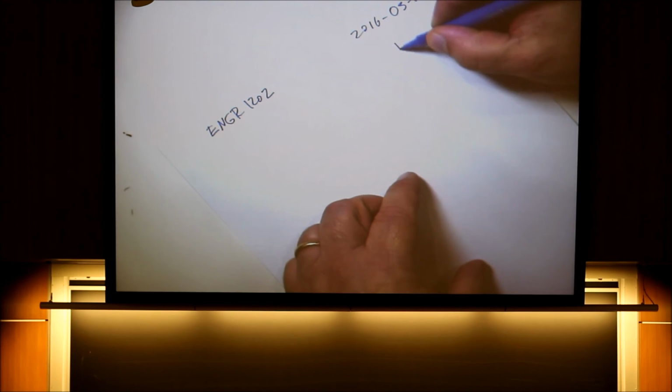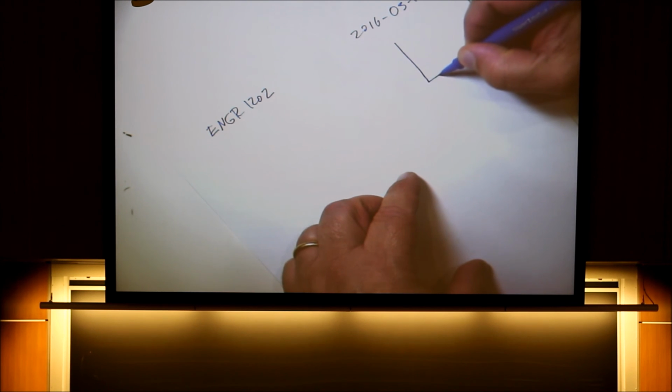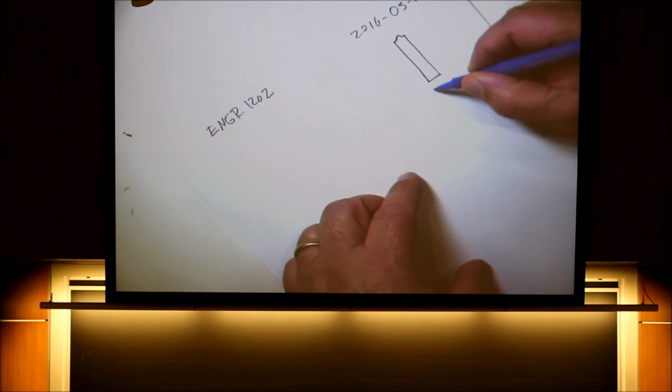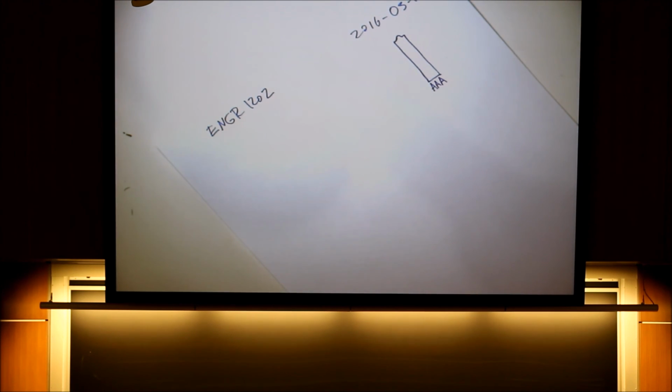So imagine this. Imagine I have a battery, and let's say I have this AAA battery. Now, a AAA battery is going to have a certain amount of energy stored inside of it.